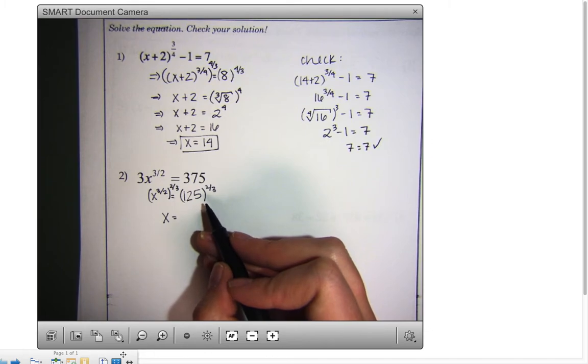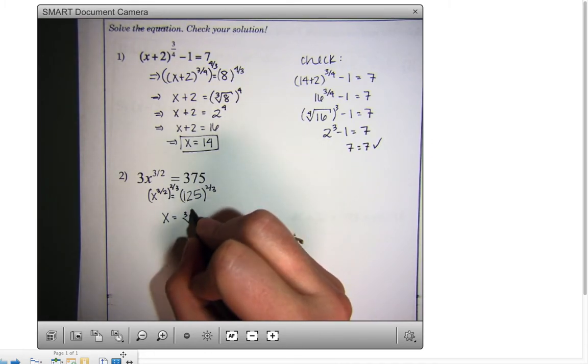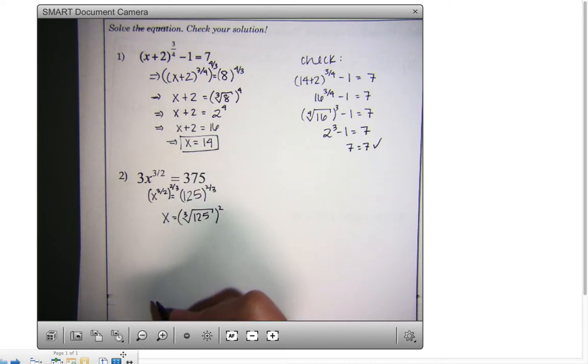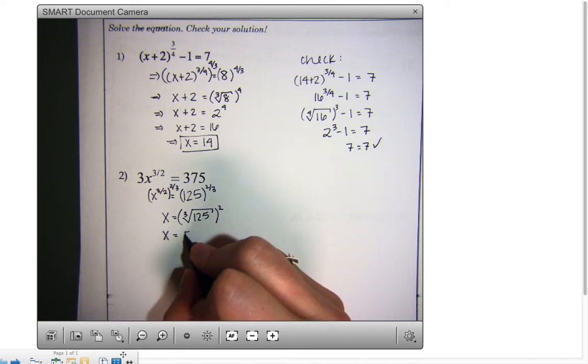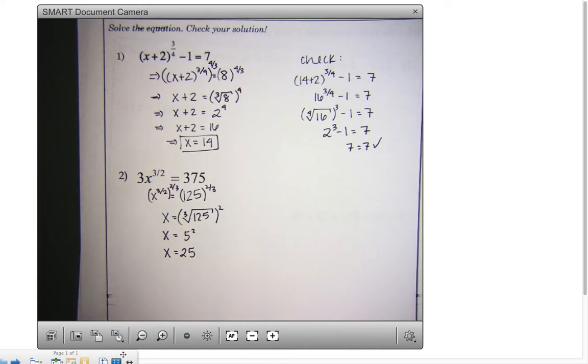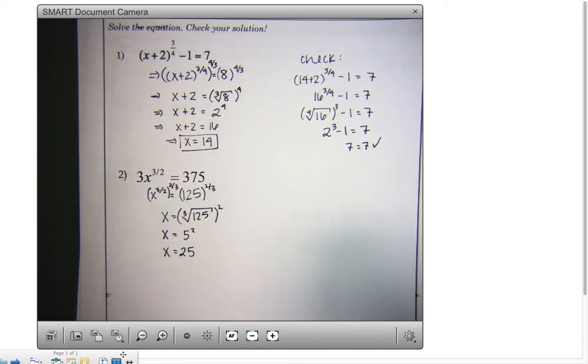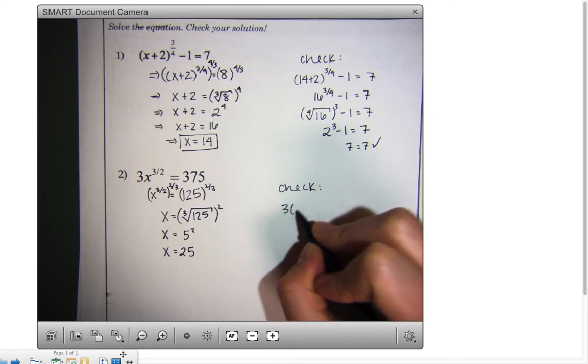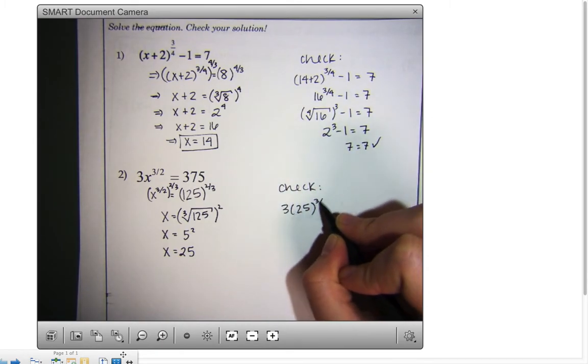Rewrite this as a radical. That's the cube root of 125 squared. The cube root of 125 is 5. 5 squared is 25. So let's check again. 3 times 25 to the 3/2.